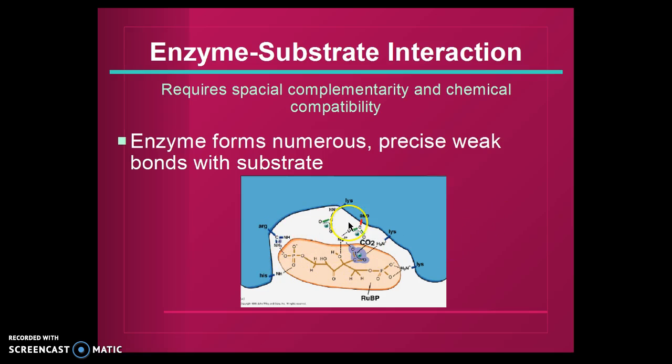So here is the enzyme surrounding a substrate. And you can see these various bonds forming, involving usually polar ends of the amino acids, like this NH3 plus on a lysine here, and another one there.